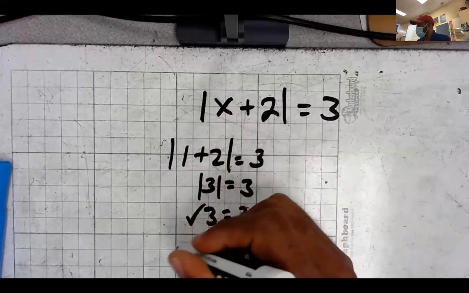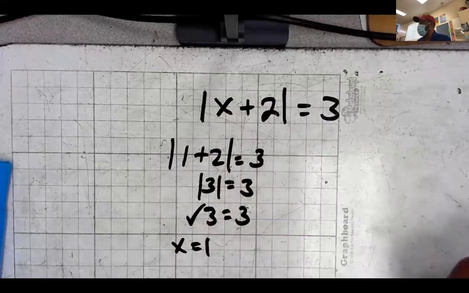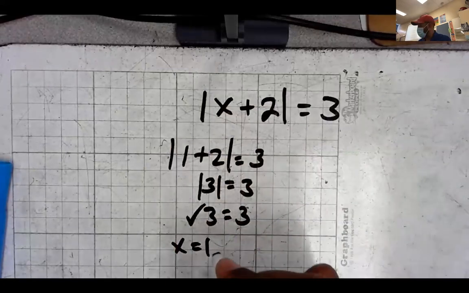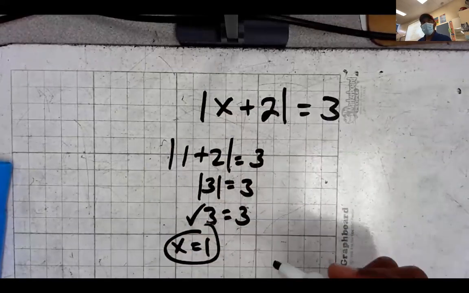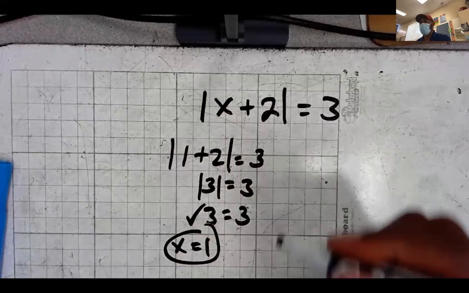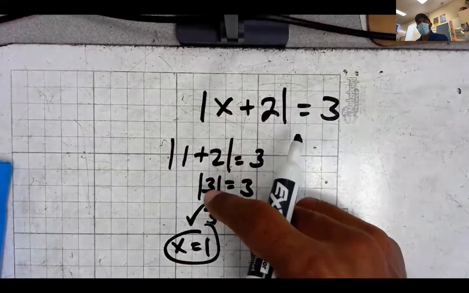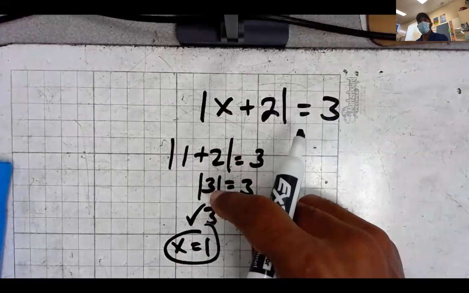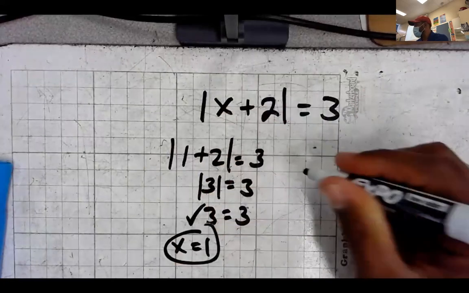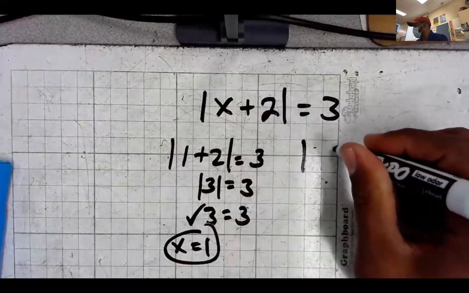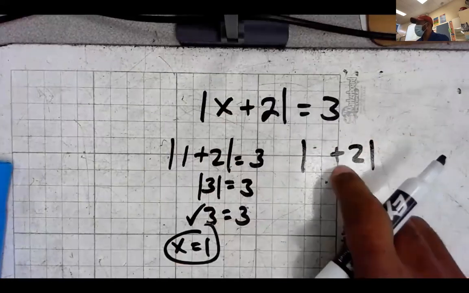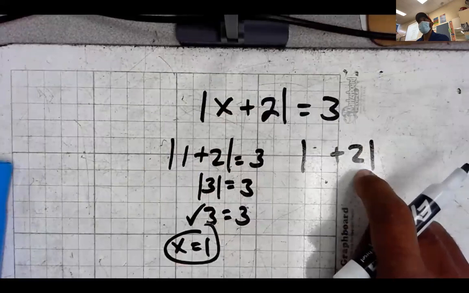So for this one, x equals 1 is a possible solution, right? But that's not the only solution. There is another solution, because it doesn't matter if the numbers in here are negative. Like if I get a -3 here, I can still have the correct answer. So what would I have to add to 2 to make it -3?